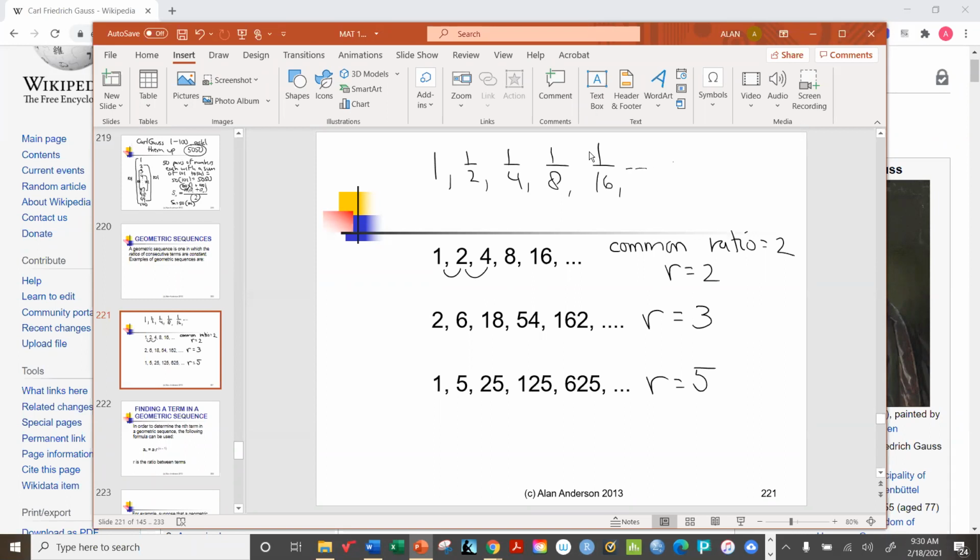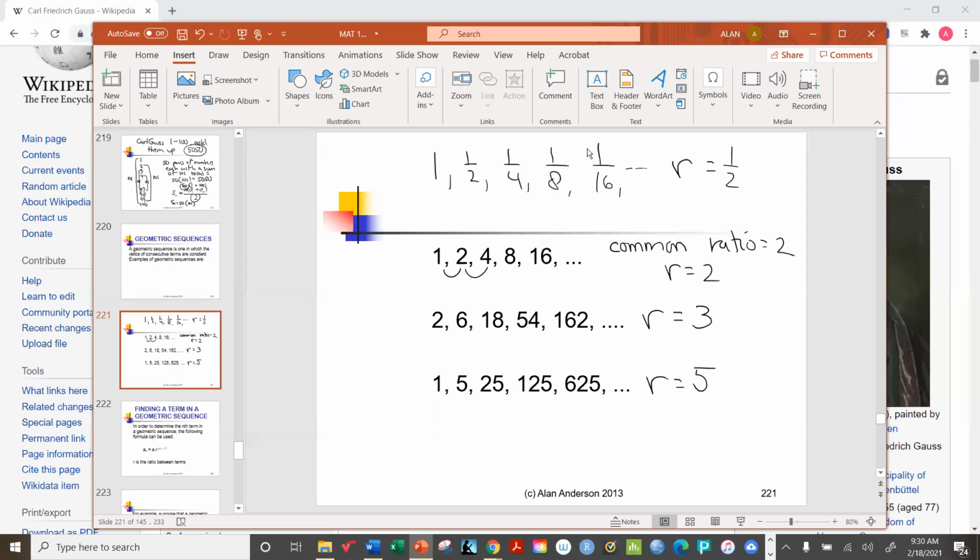What common ratio do we have now? I see a blank chat. Here we go. Nice. A half, exactly. And they can be negative too.